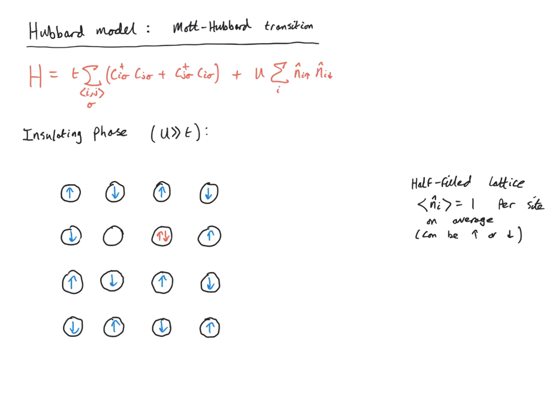We do that by hopping the up spin back again to the original site, and the antiferromagnetic order is restored, but it does mean that I can now continue to have other hops on the lattice, which are virtual excitations, but all serve to lower the overall energy. So one should not think of the insulating phase as being totally static. There are these fluctuations, but they're virtual fluctuations, and in fact it's these virtual fluctuations that give rise to the magnetic ordering on the lattice.